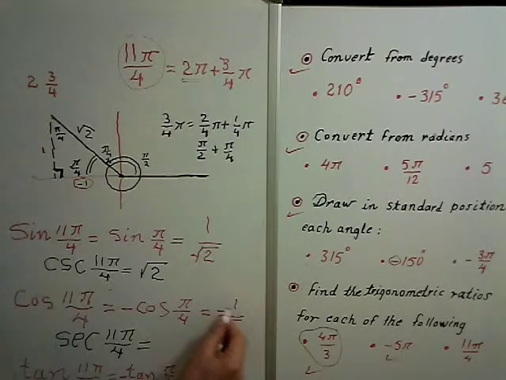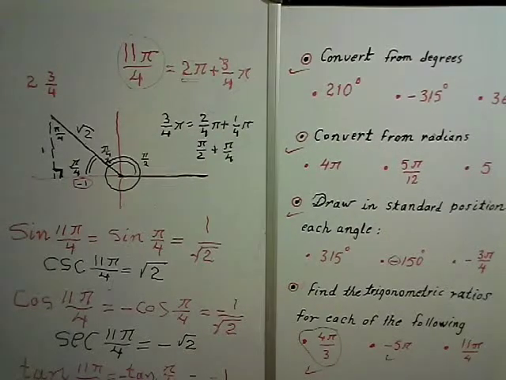Inverse of this value, that means negative square root of 2 over 1. That means negative square root of 2. And here cotan 11 pi over 4 is equal, the inverse of this is also the same value.